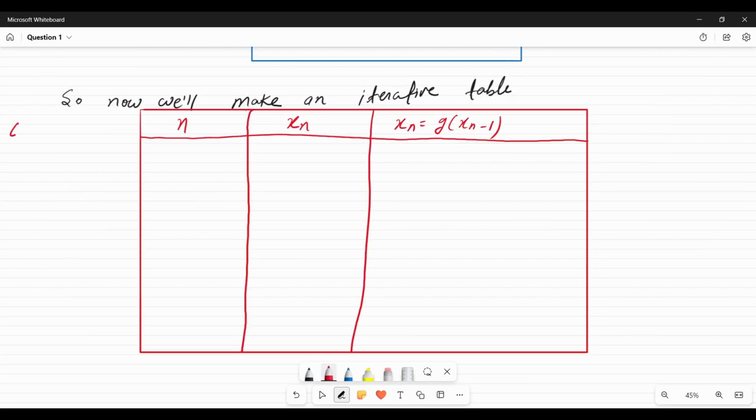So now guys, let x naught be -1, then for n equal to 0, xn will be x naught, and it is -1.